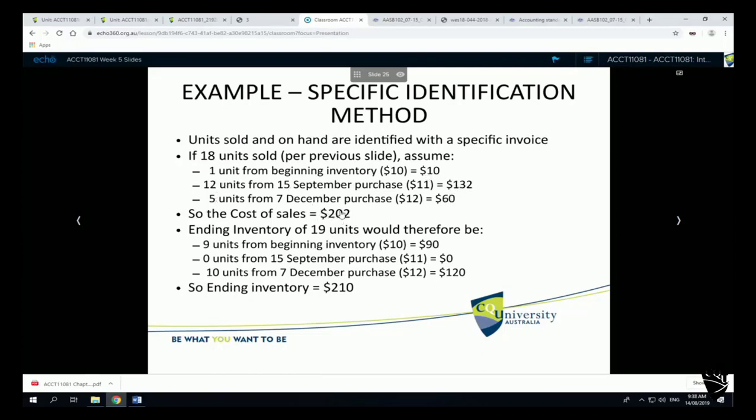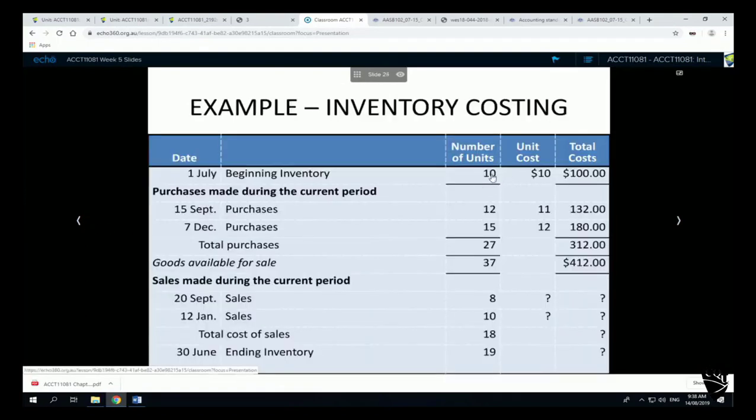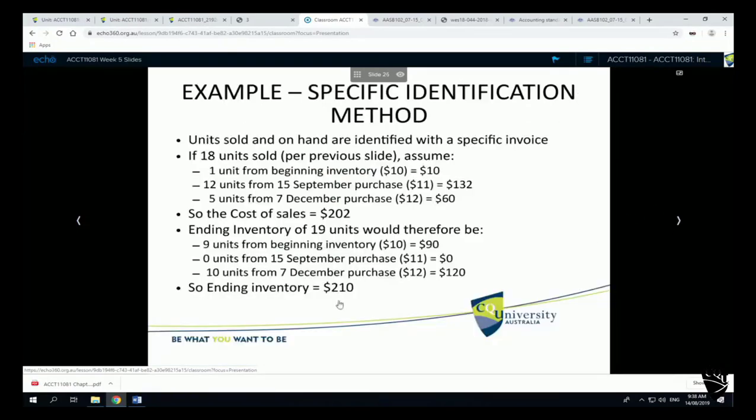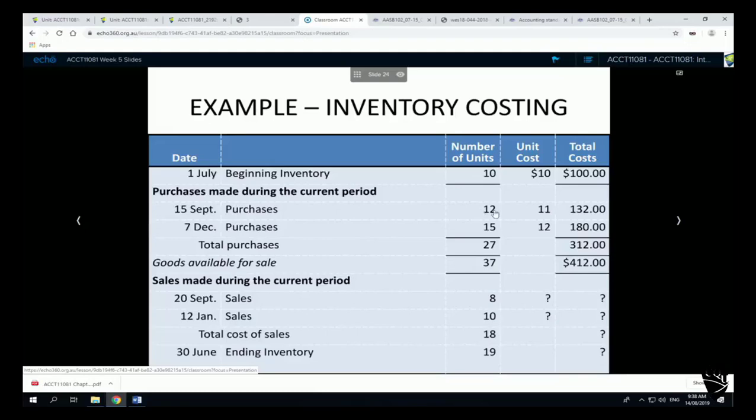So our total cost of sales for the period is $202, and therefore what's left is 9 units from beginning inventory, because remember we had 10 and we specifically identified that we only sold 1 from the opening, so we still have 9 left. We specifically identified we sold 12 from this purchase, so we sold all of these, so we have none of those left.